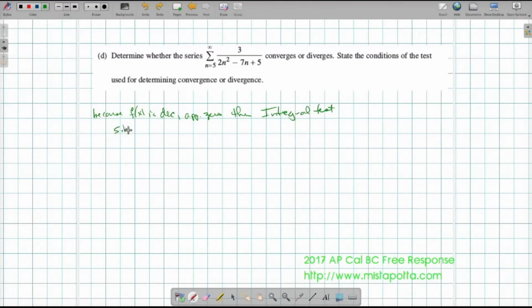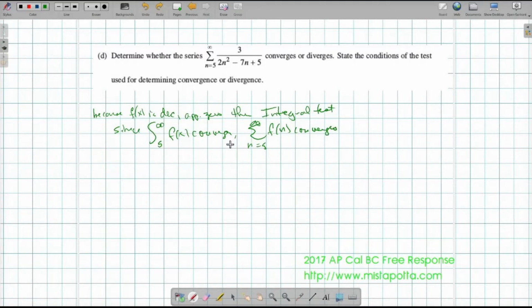So since the integral from 5 to infinity of f of x converges, the sum from n equals 5 to infinity of f of n converges.